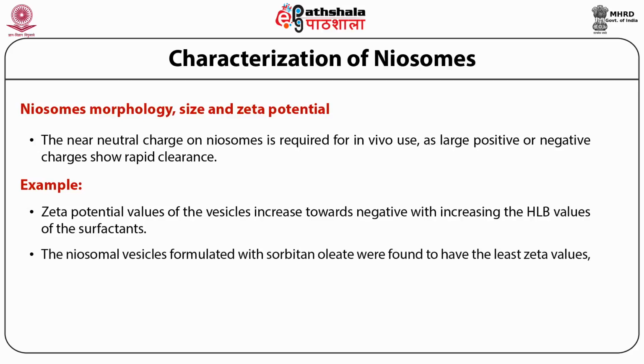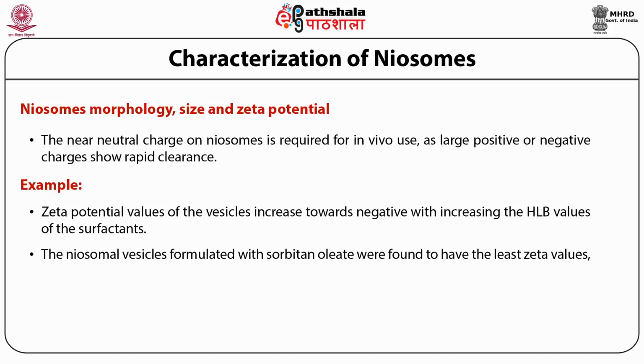The neosomal vesicles formulated with sorbitol oleate were found to have the least zeta values, ranging from -16 to -45 millivolts, compared to the vesicles formulated with sorbitol laurate, showing higher zeta values ranging from -25 to -91.